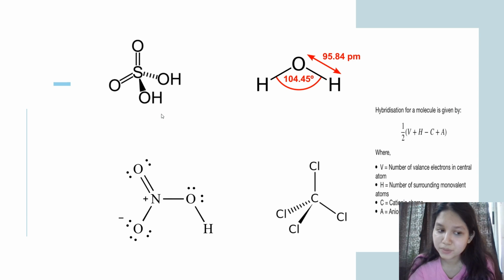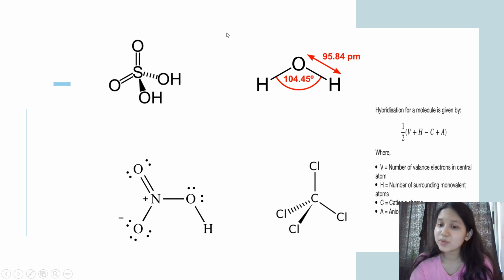Is anybody wanting to try? Okay, sp3 corresponds to tetrahedral geometry. Of course, the shape is dictated by the number of lone pair electrons in the central atom, but since it doesn't have any lone pair electrons, its shape and geometry will be tetrahedral.